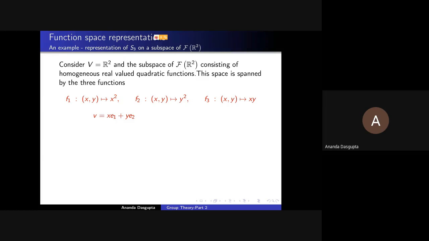Before I go any further, let me also tell you why this is so very important. Functions on spaces are very, very important for physics. And say the wave function, for example, would be a function on x, y, z, on a three-dimensional space. And if you have symmetry operations which you do on the 3D space, the wave functions will change. And that will give us a representation involving wave functions.